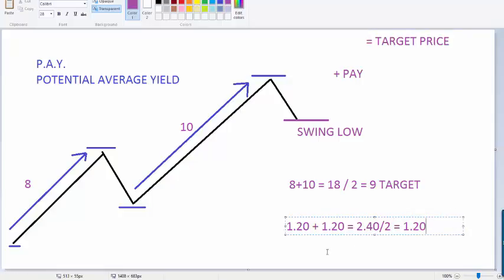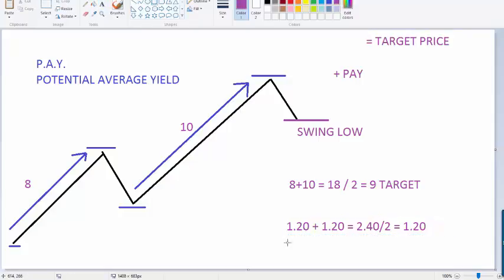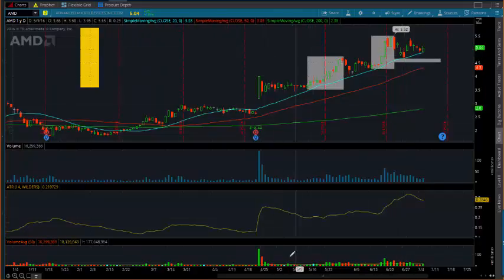Now that's AMD. If you decided one would be 130 or 110 or whatever the range is, you would do that math on your own. It's not that big a deal to have a penny or two different. The idea is to come up with some kind of rational, logical way to estimate the target. Now the swing low on this one is 4.65.